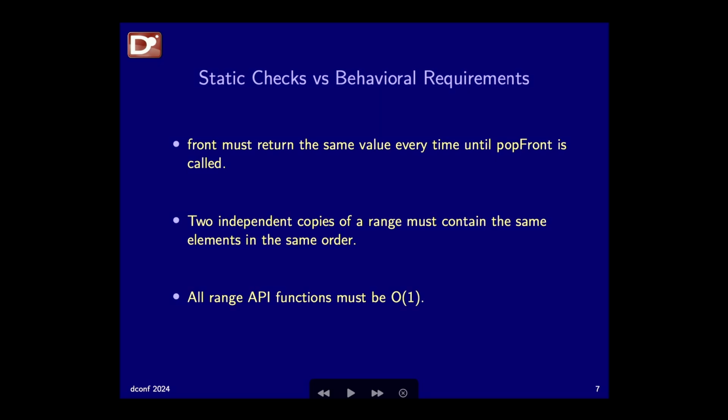Another thing that I think sometimes is forgotten is that all the range API functions have to have an algorithmic complexity of O(1). The various algorithms in Phobos have complexity guarantees. They're not always listed, but if you want to be able to rely on the algorithmic complexity of any algorithm, you have to be able to rely on the algorithmic complexity of each of the operations that it's using. And for ranges, those all have to be O(1).